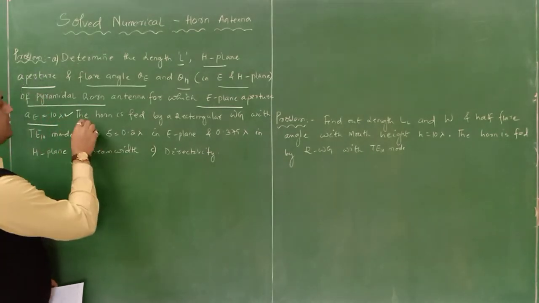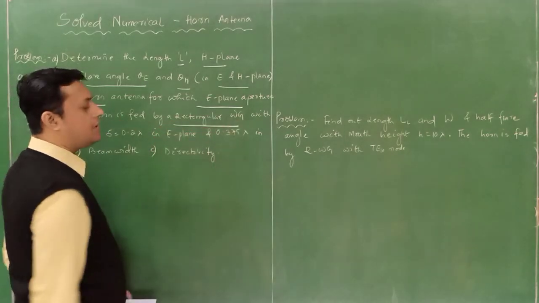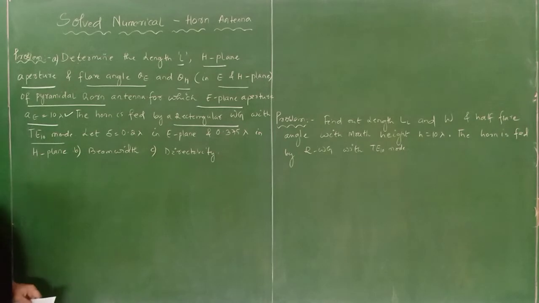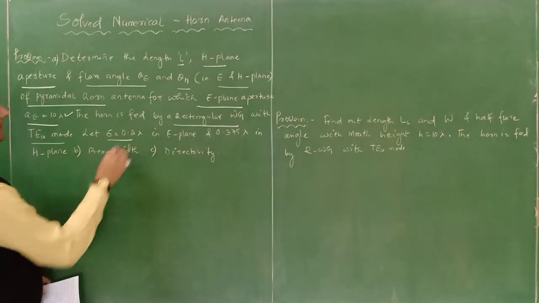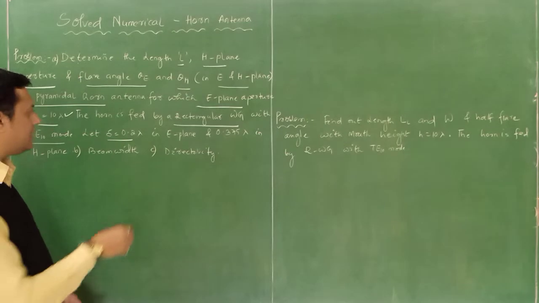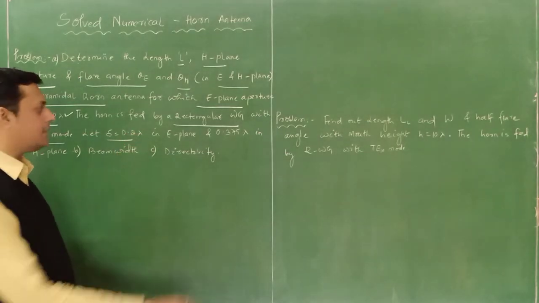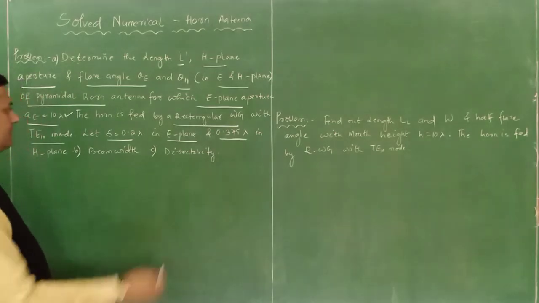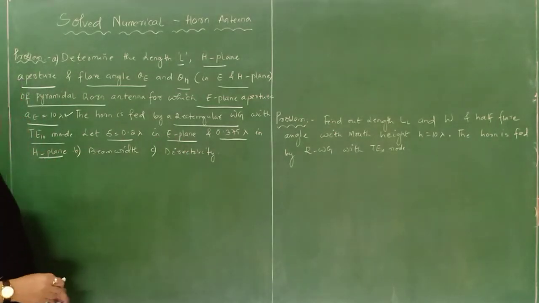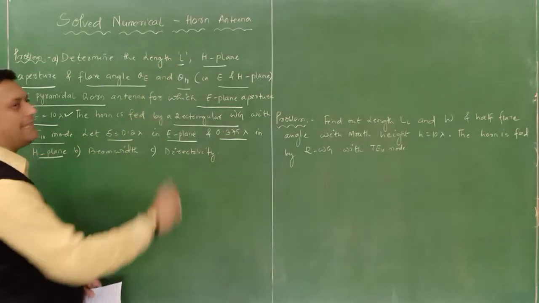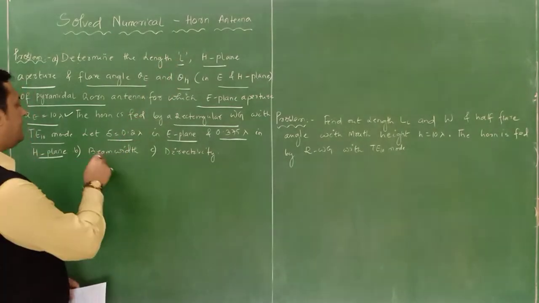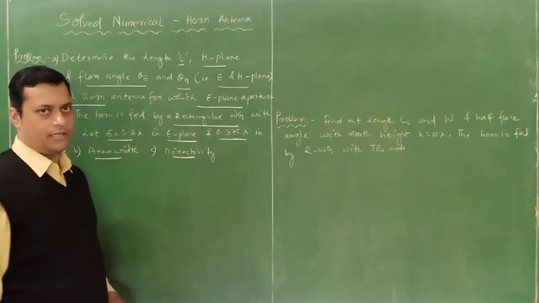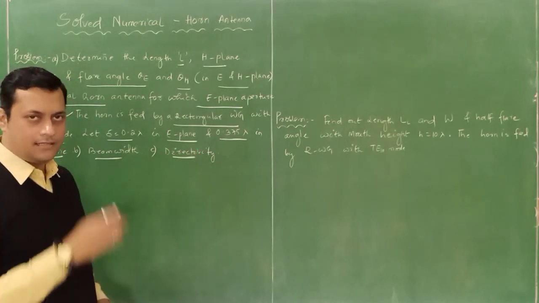The horn antenna is fitted with a rectangular waveguide operating in the dominant mode, that is TE10, and delta, which is the incremental length, is 0.2 lambda for the E plane and 0.375 lambda for the H plane. For this we have to calculate the length L, then the beam width, and then the directivity. All these things we will discuss step by step.